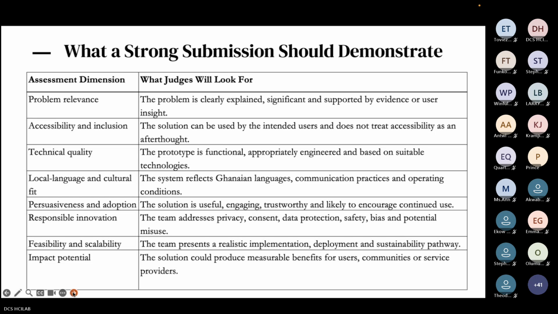Your team should be able to address privacy issues, data protection, safety, and potential misuse. Those are things that we are looking out for in your proposed pitch. The team should also present a realistic implementation, deployment, and sustainability pathway. The solution should produce measurable benefits for users, communities, or service providers.